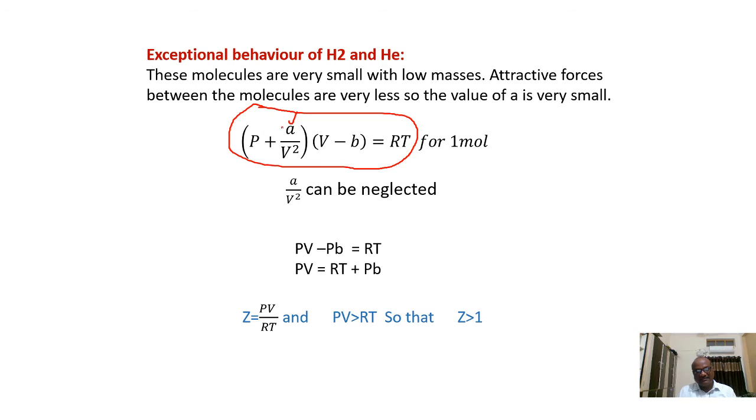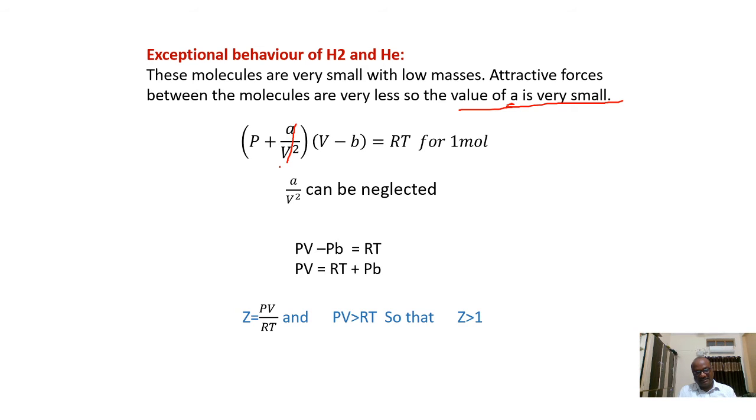Because if a is very less, numerator is very less, a/V² becomes very, very small. Compared to P, this a/V² can be neglected. Why we are neglecting? Because the value of a is very, very small. If value of a is very small, a/V² will be very small further. Compared to P, this can be neglected.